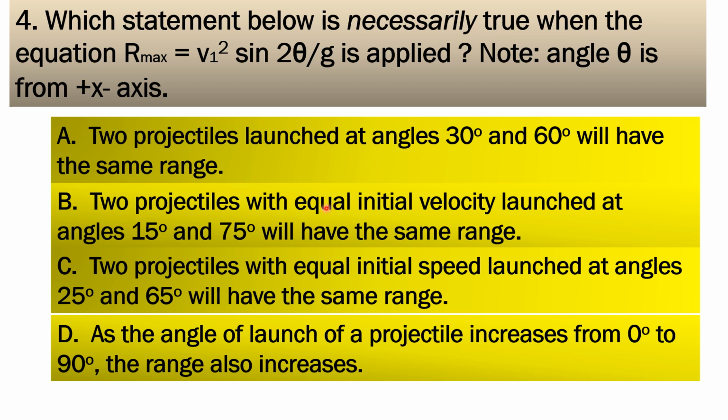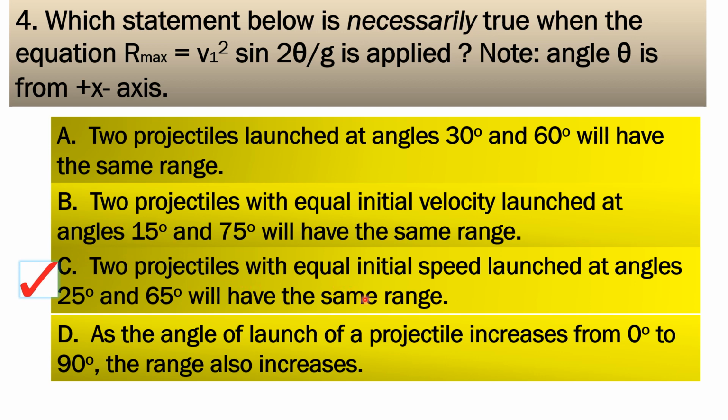You know what the best answer is? The best answer here is actually option letter C. Now you start to wonder why. You will notice that statement B and statement C are quite similar.